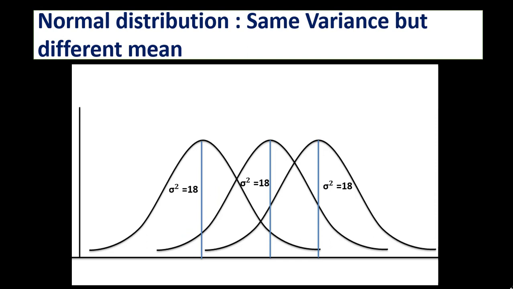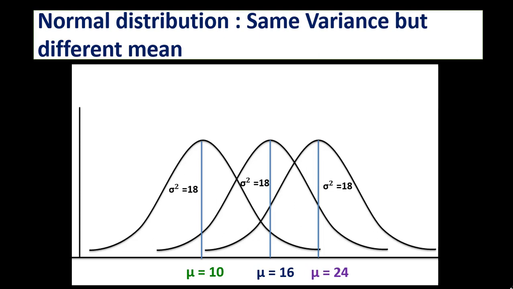Now let us see what happens when we keep the variance constant but vary the mean of the normal distribution curve. In case of the first curve, mean is 10 and variance is 18. In case of the second, the mean is 16 while the variance is constant, that is 18, and in case of the third curve, the mean is 24 and the variance is 18. So as we increase the mean, the curve shifts towards the right.